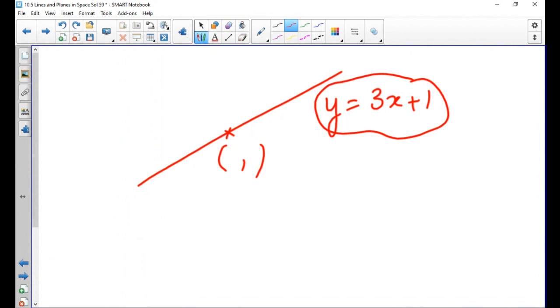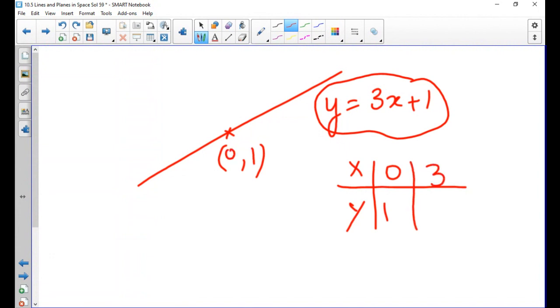Choose a value of X. Do you remember the table? Choose X, find Y. For example, if X is 0, Y will be 1. Here is one point, (0, 1). X is 3, Y will be 10. This is another point, (3, 10).